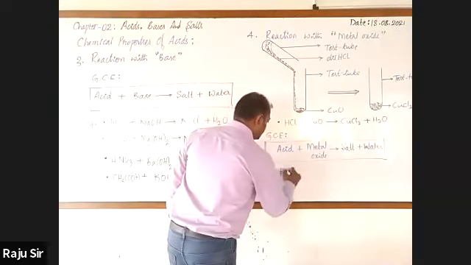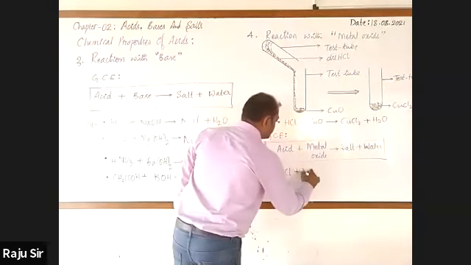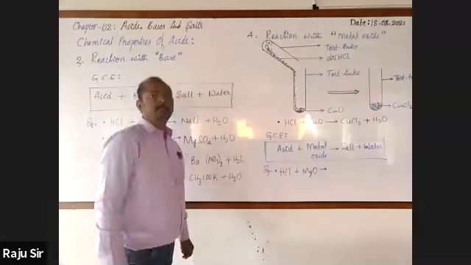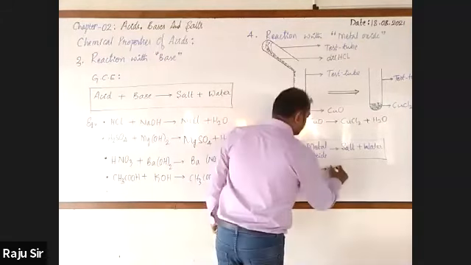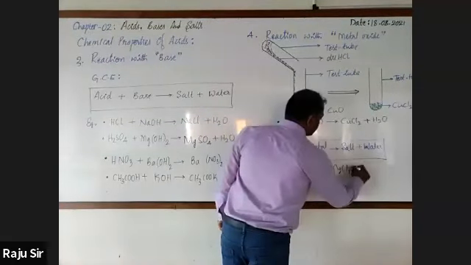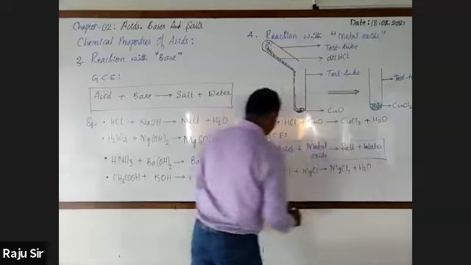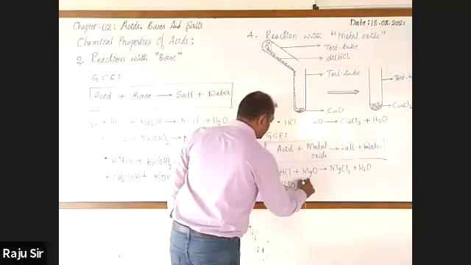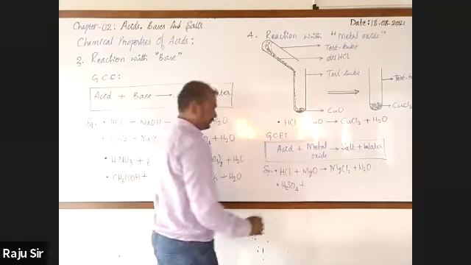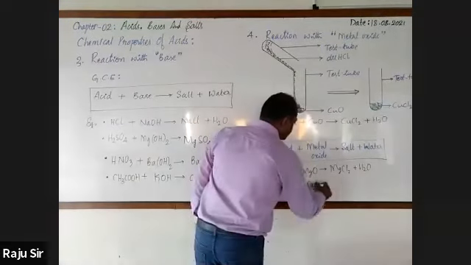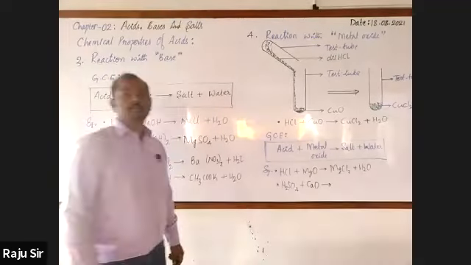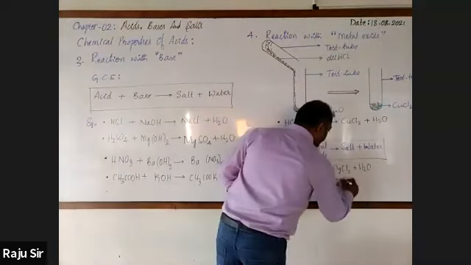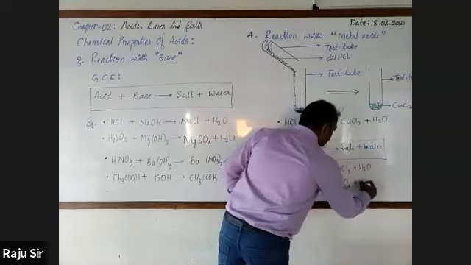HCl plus MgO gives MgCl2 plus water, H2O. Next, H2SO4 plus calcium oxide gives CaSO4, very good, calcium sulfate, plus water.